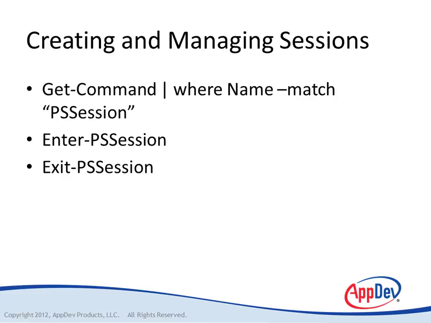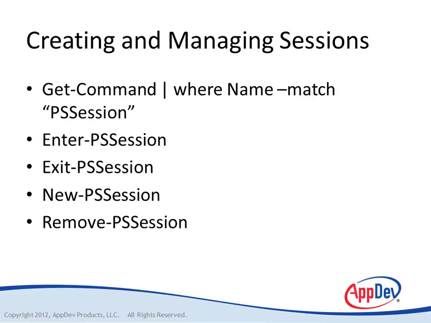Exit-PSSession ends the session or disconnects from it. Then we have New-PSSession, which creates a persistent connection that we can connect to and disconnect from as necessary until we actually remove that session and kill it. And if we want to see what sessions we currently have running, we can use the Get-PSSession commandlet.